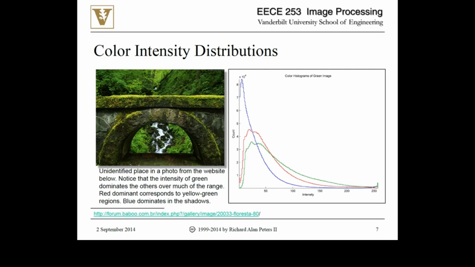That means that for the large intensities, the green histogram is above the red and the blue histogram. You don't need so many intense blue values, and the blue histogram at high intensities is almost zero. So you can always map features in the image to features in the histogram.